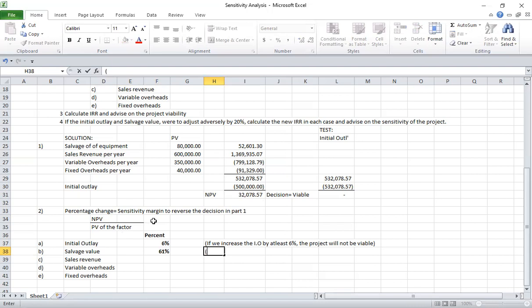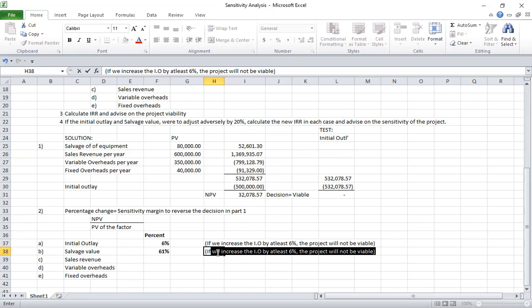So what's the interpretation of this? If this is now a plus in computing NPV, then we make it worse when we decrease it.